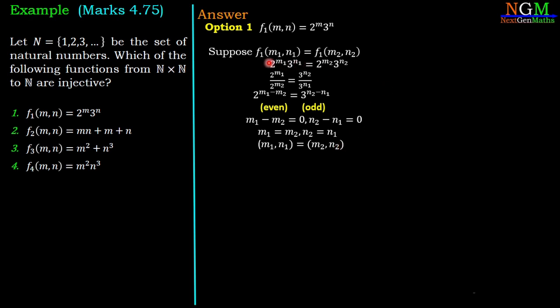Here we began with the images of (m1, n1) and (m2, n2) being equal, and here we show that the numbers are also equal. So this is a one to one function, or you can say an injective function. Therefore option number 1 is the correct option.